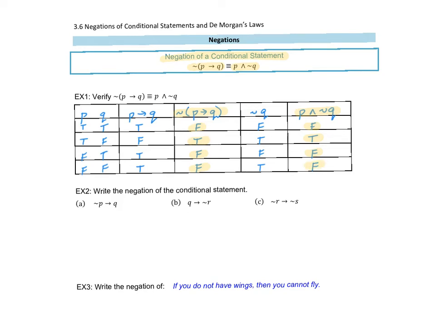In example 2, we want to use this equivalence to write the negation of the following conditional statements.